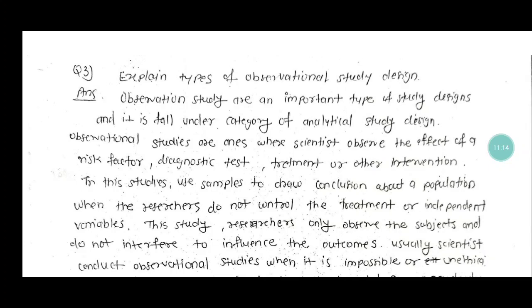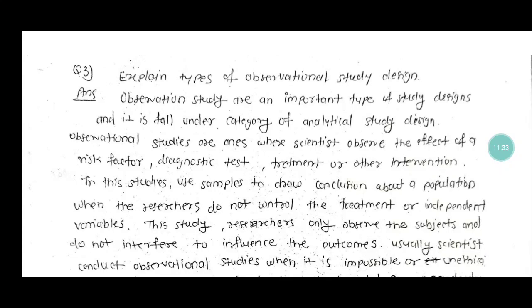These studies use samples to draw conclusions about the population when the researchers do not control the treatment or independent variable. In this study, researchers only observe the subjects and do not interfere to influence the outcome.